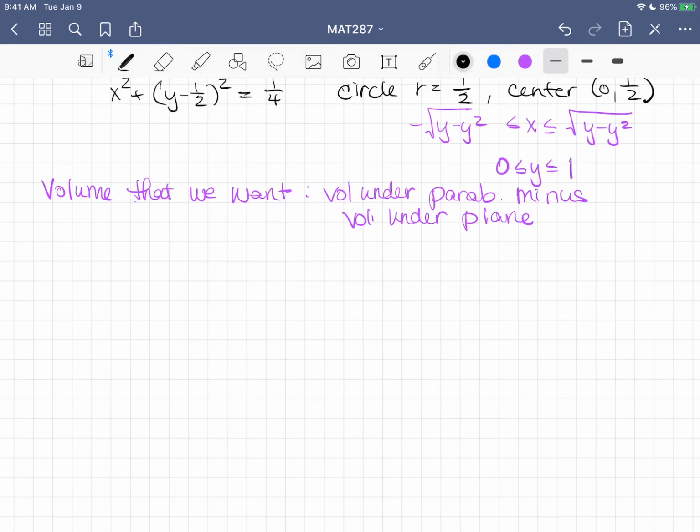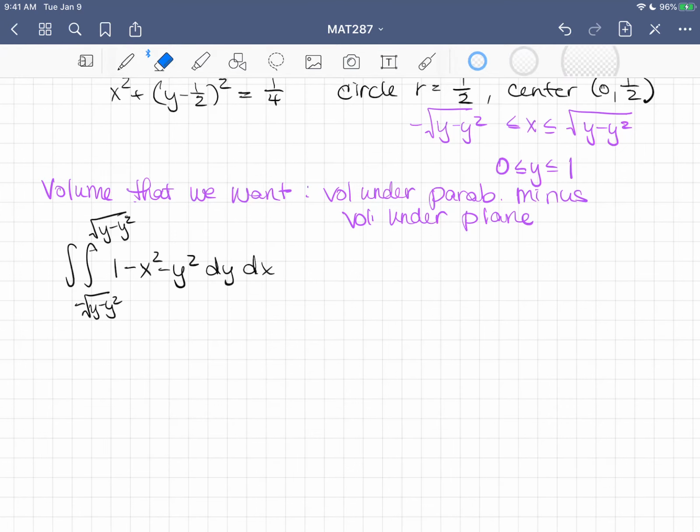So under the parabola, I'm going to have a double integral, or an iterated integral in this case, of the parabola. So 1 minus x squared minus y squared. And we said x goes from negative square root of y minus y squared to positive square root of y minus y squared. So that's dx, I did it backwards, sorry. Everybody with me? We're looking at x. And y is going to run from 0 to 1. Okay, so that's the volume under the paraboloid.